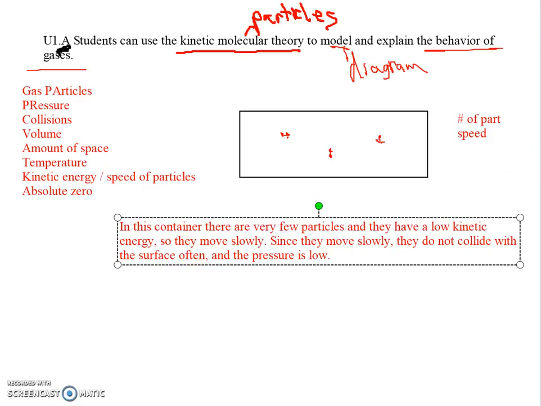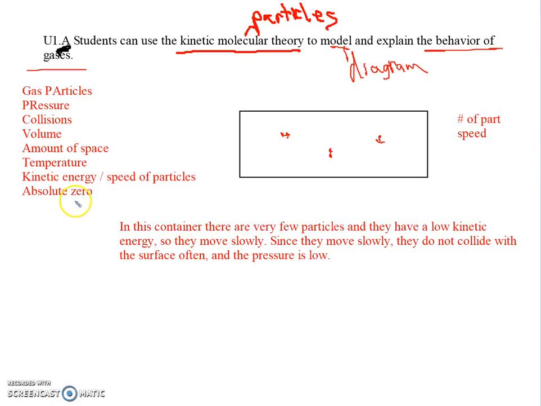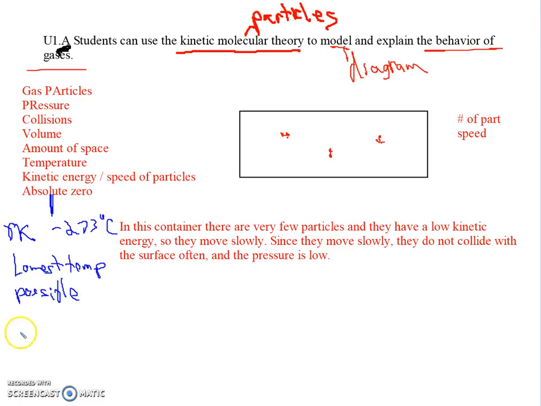So there you go. I guess I should talk a little bit more about absolute zero because I didn't really do that enough throughout the unit. So absolute zero is 0 Kelvin or negative 273 degrees Celsius. This is the lowest temp possible where particles have no energy and they stop moving.